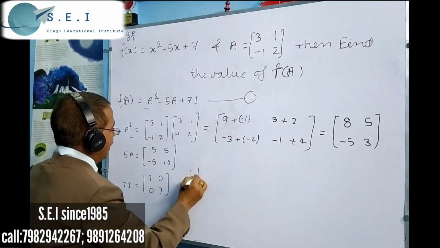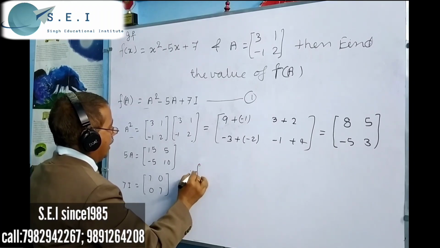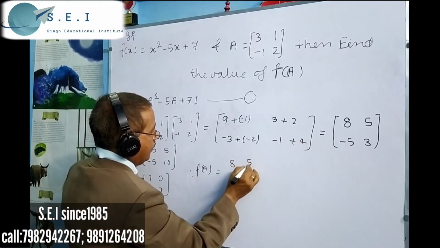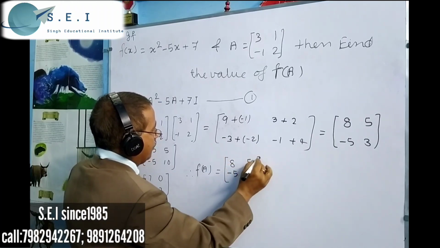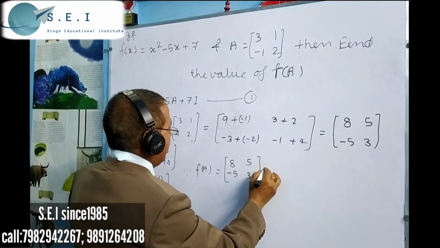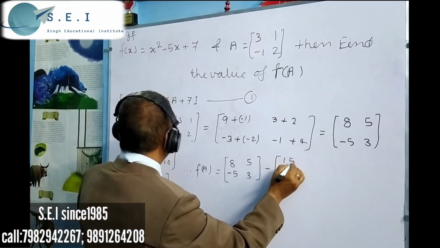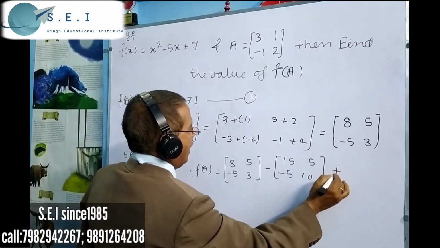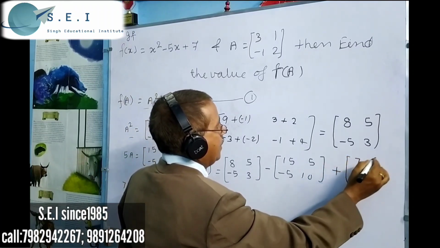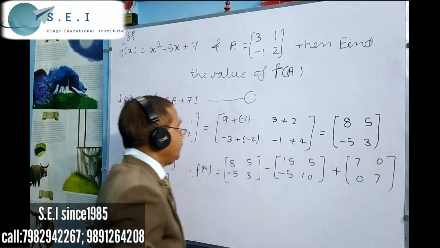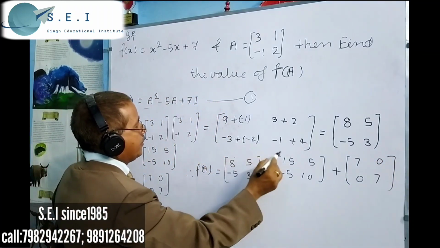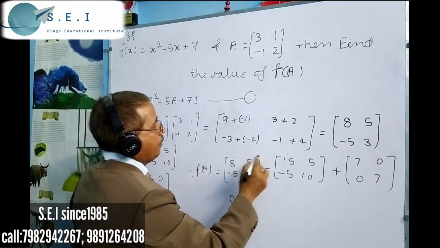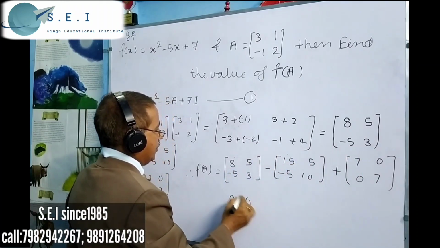Therefore, f(A) is equal to A square, which is [8 5; minus 5 3], minus 5A, which is [15 5; minus 5 10], plus 7I, which is [7 0; 0 7]. Here 8 minus 15 is minus 7 plus 7 is 0. 5 minus 5 is 0 plus 0 is 0.